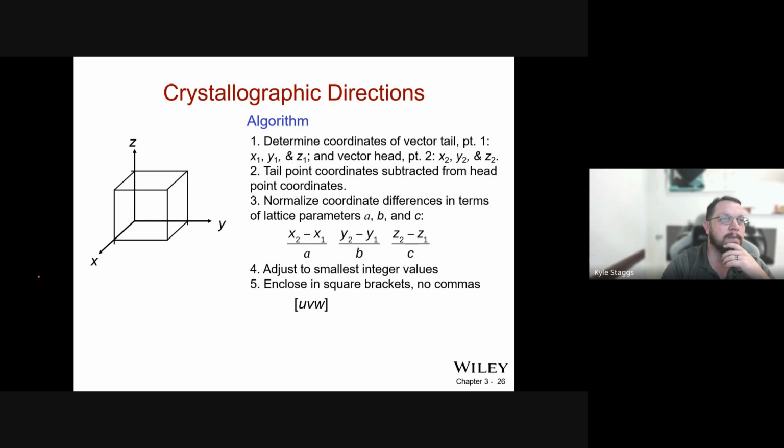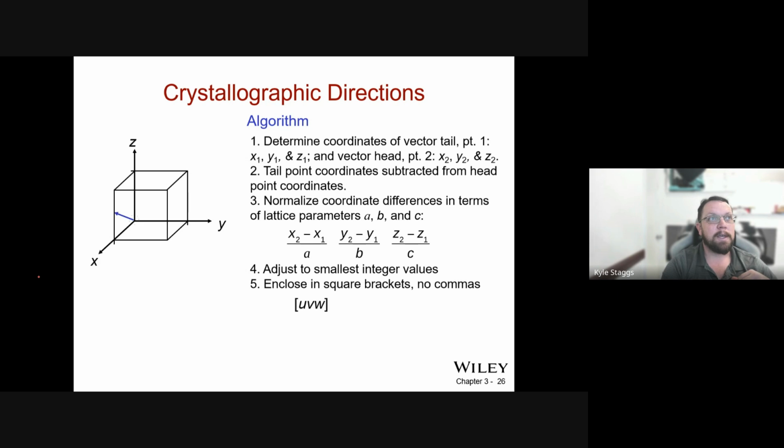So there's an algorithm that's used to determine this. The coordinates of the vector tail, we'll look at a few examples of these. So you have x1, y1, and z1, and then the vector head is going to be at x2, y2, z2.